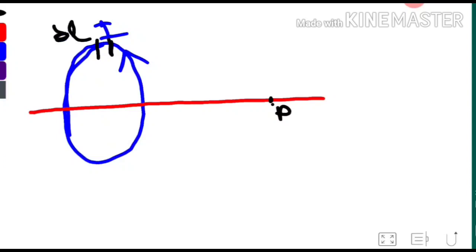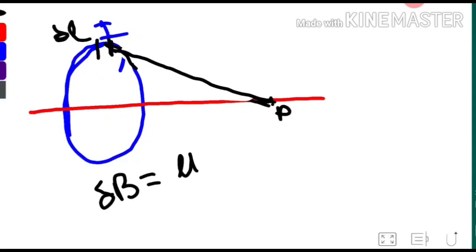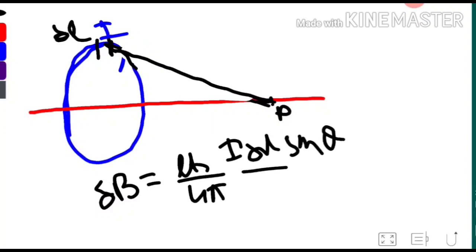We join this portion, and we know according to the Biot-Savart law that delta B equals mu 0 by 4 pi, I delta L sin theta by this distance squared. Let this point be C, so the distance is CP square.